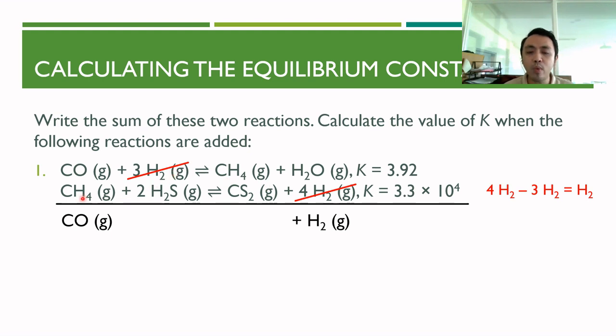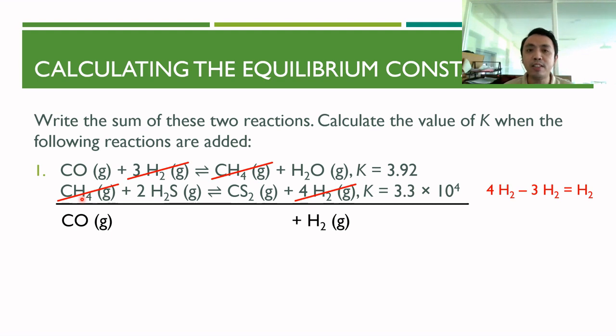Let us now look at our CH4. CH4, if we look closely, is present as a reactant in the second reaction and is also a product in the first reaction. Therefore, these CH4s will cancel out, and since the CH4s here have the same coefficient, these two will cancel out completely.